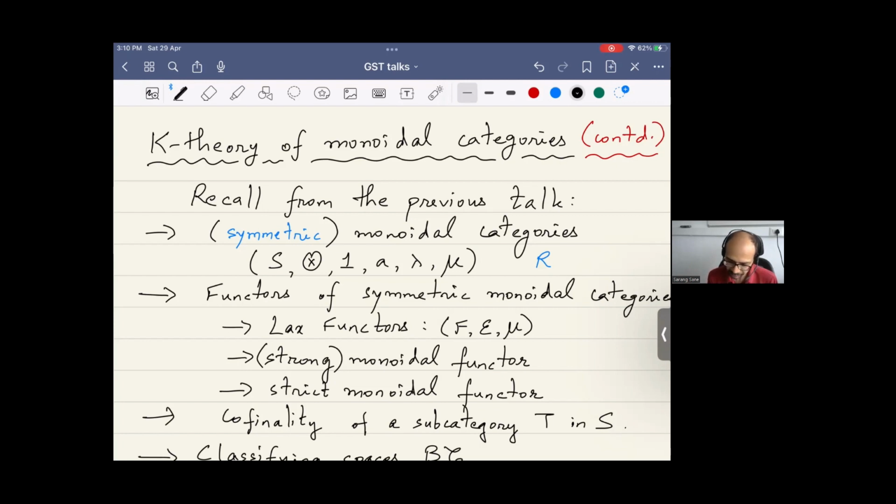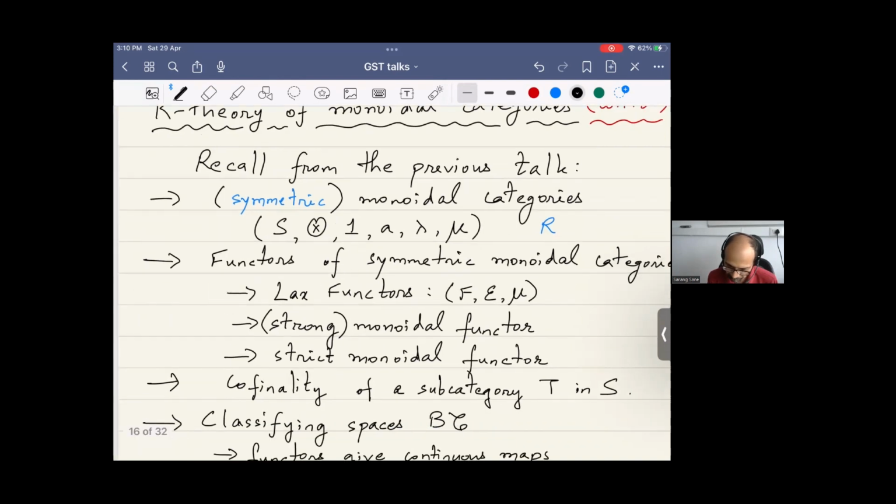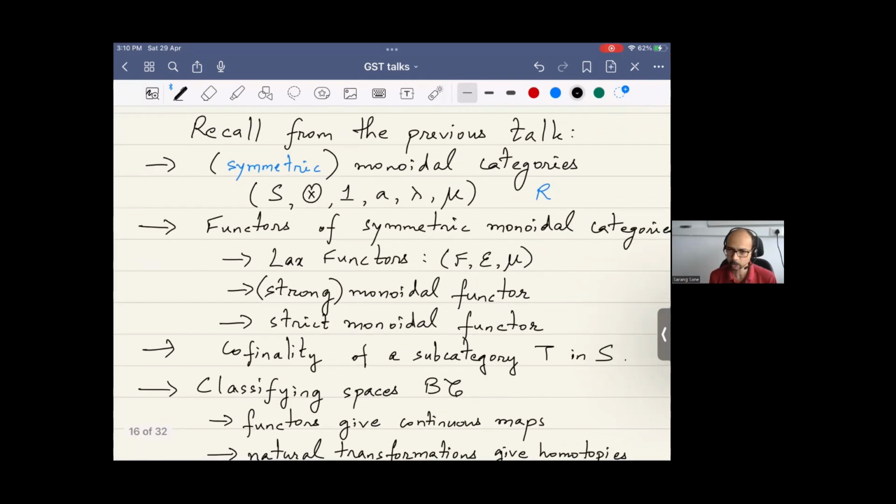So we studied the K theory of monoidal categories. At the end, I could define the K theory of monoidal categories. And so we defined symmetric monoidal categories. So that's all this data: tensor, A for associativity, lambda for left unitor, mu for right unitor, and then this R which reflects the symmetric nature.